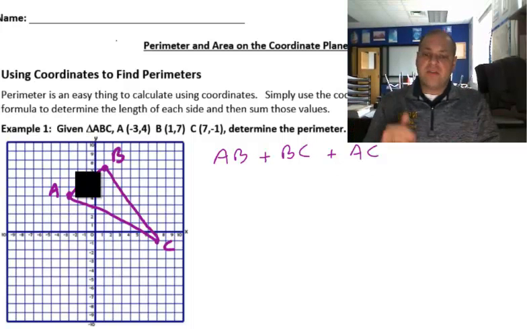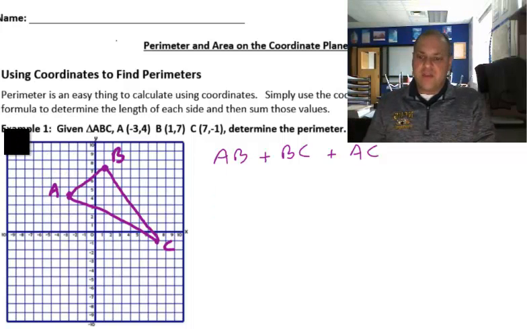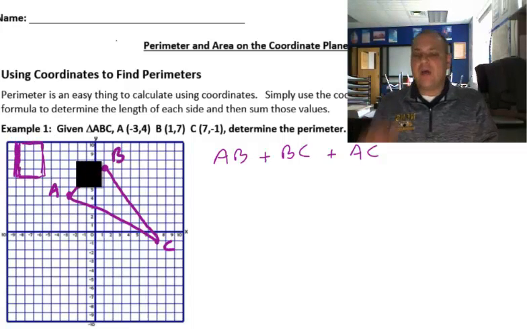Well, the problem is I can't count the length because it's not up and down or left and right. If it was like a square, for example, or a rectangle, I could go 3, 4, 3, 4, and I can count them. You can't count the diagonal.